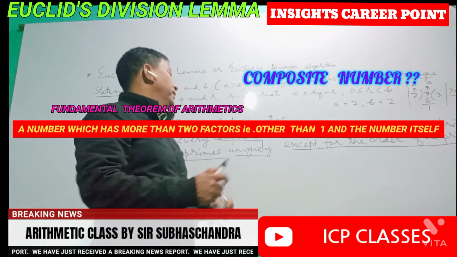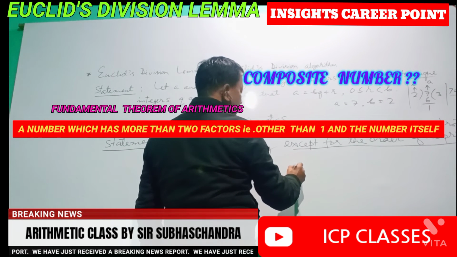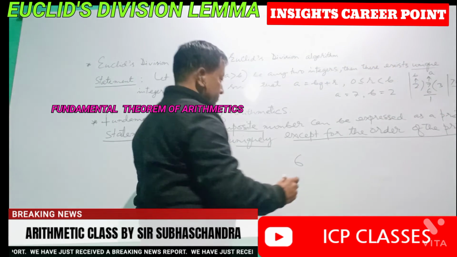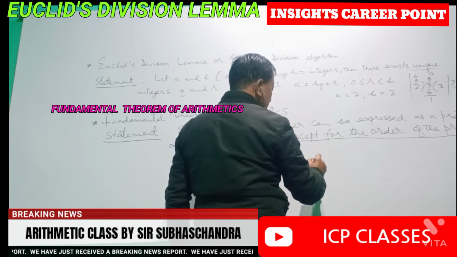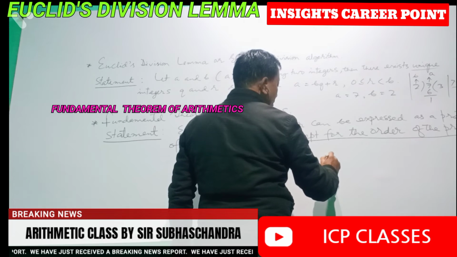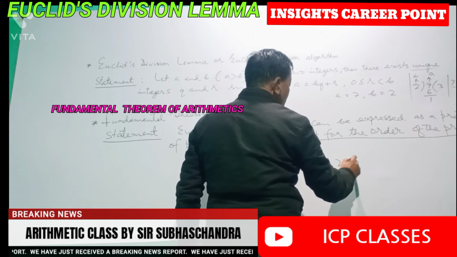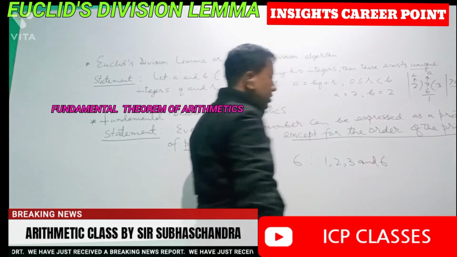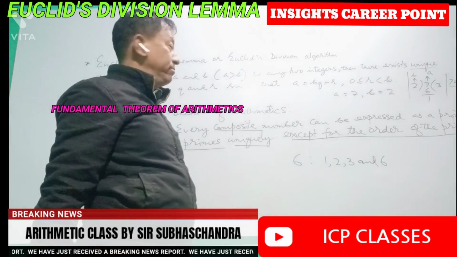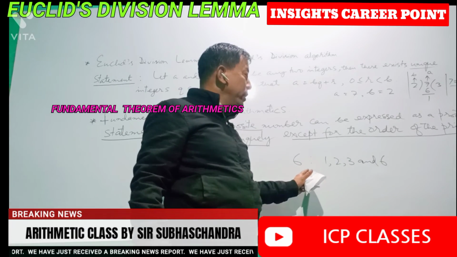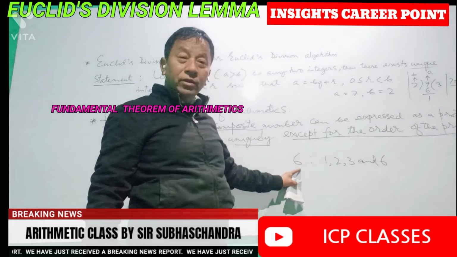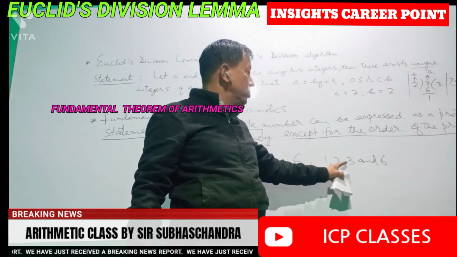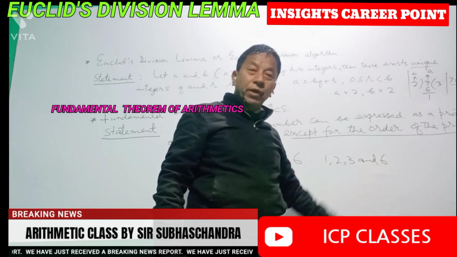For example, take this number 6. What are the factors of this 6? The factors are 1, 2, 3 and 6 itself. So how many factors has this number 6? We have 1, 2, 3, 4 factors, isn't it?